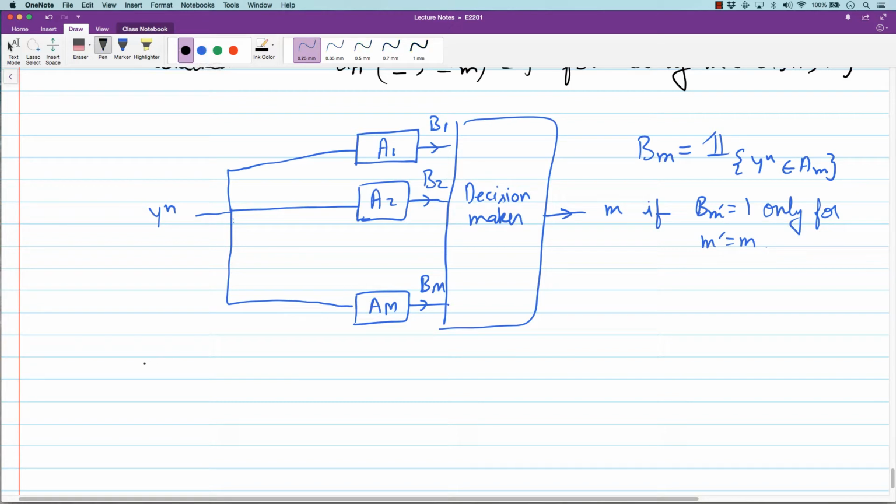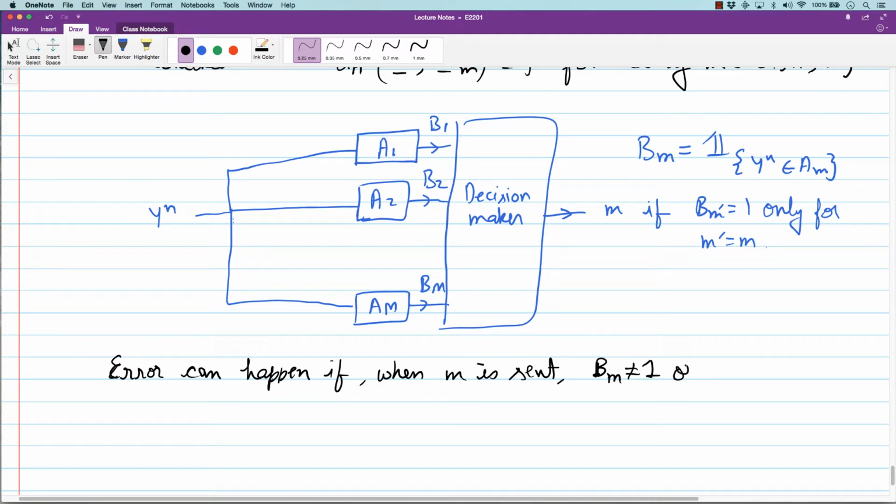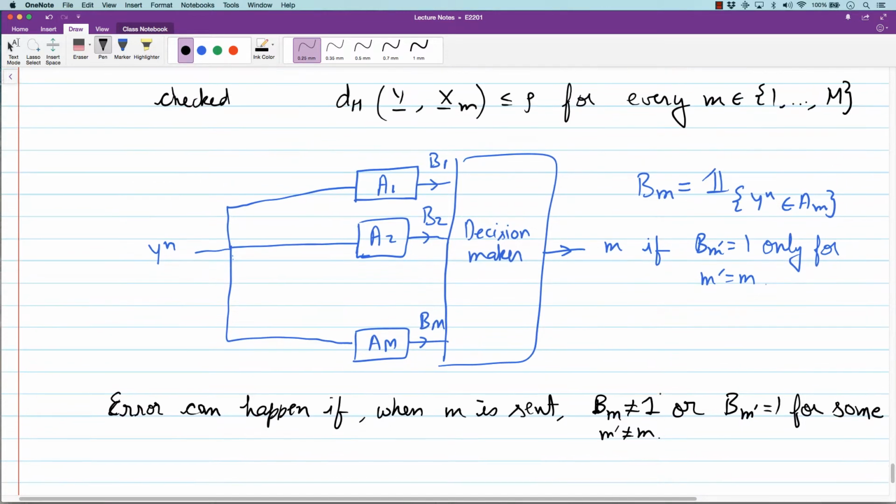An error can happen when m is sent, if bm is not equal to 1, or bm' equals 1 for some m' not equal to m. These are the two cases in which error can happen.